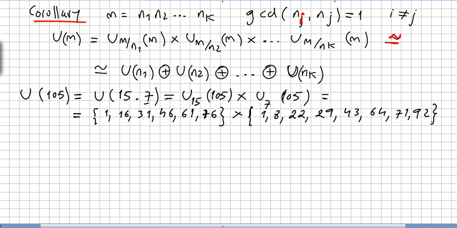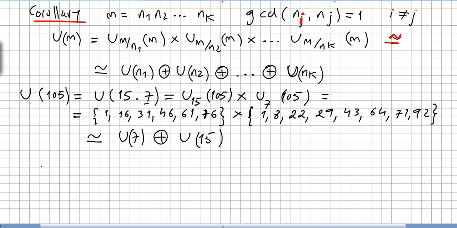Okay, and this is isomorphic to U(7) external direct product of U(15).